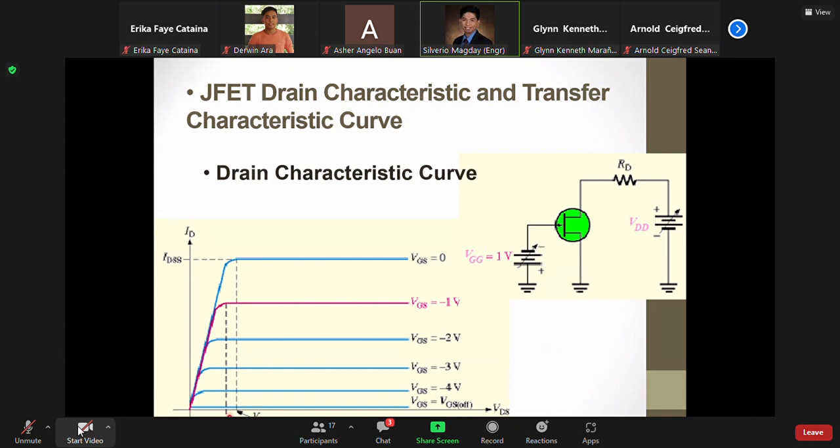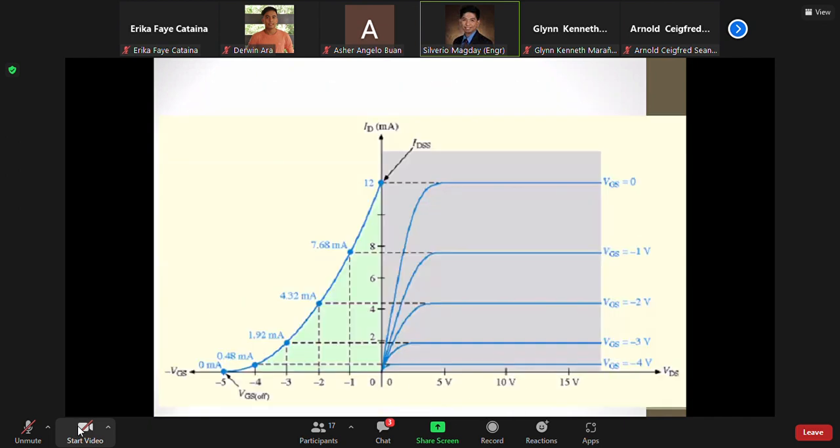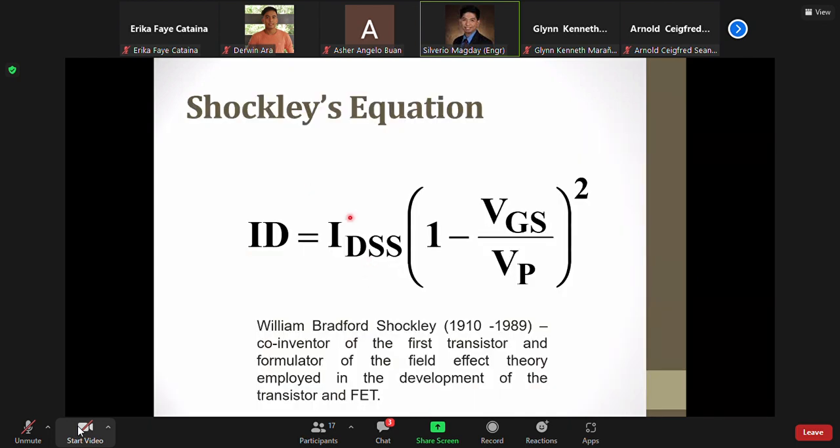Observing now your pinch-off voltage and then VGS off. So as we increase along negative, bumababa until mag-0 yung VGS off, kung ba yung na-explain sa mga illustrations. So actually this is represented by Shockley's equation for the operation of the JFET, where ID, your drain current, is equal to IDSS times 1 minus VGS over your VP.